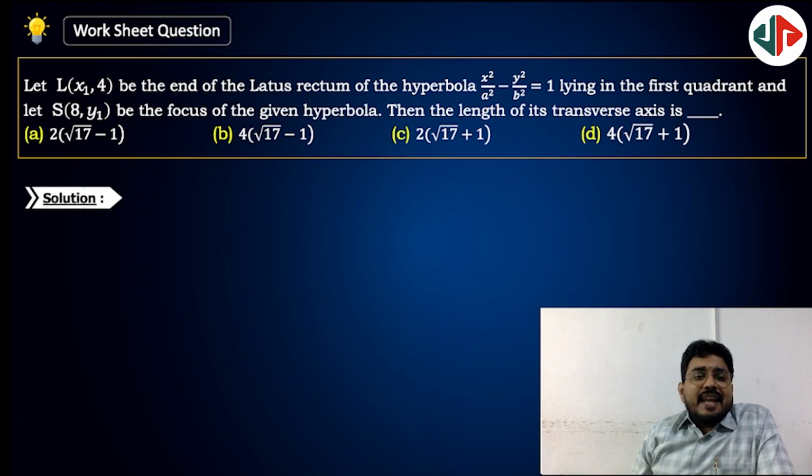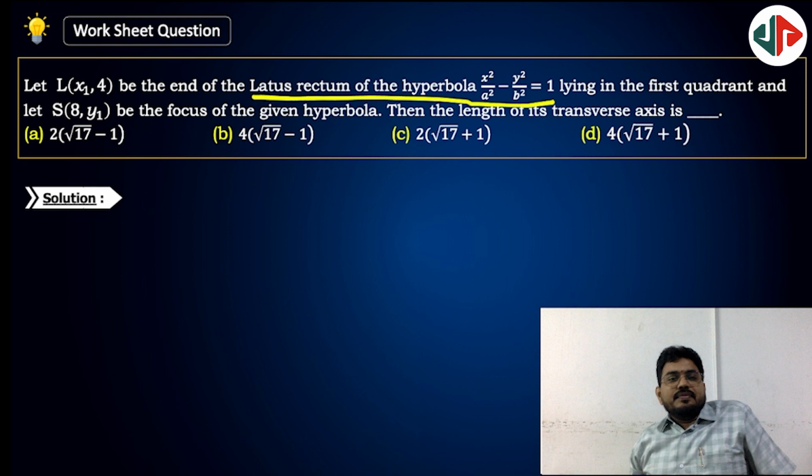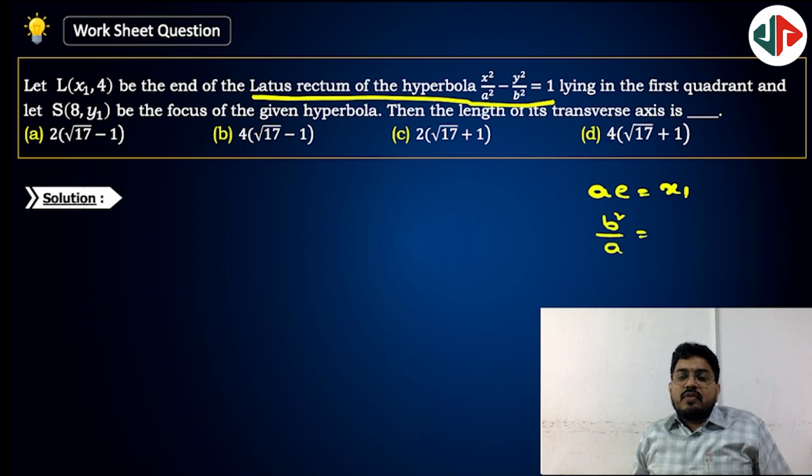If L(x1, 4) be the end of the latus rectum of this hyperbola, okay, the end lying in the first quadrant. So what happened? ae is equal to x1, b square by a is equal to 4.